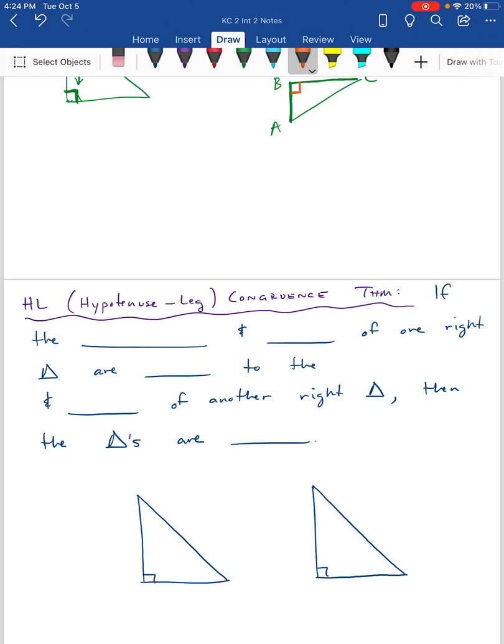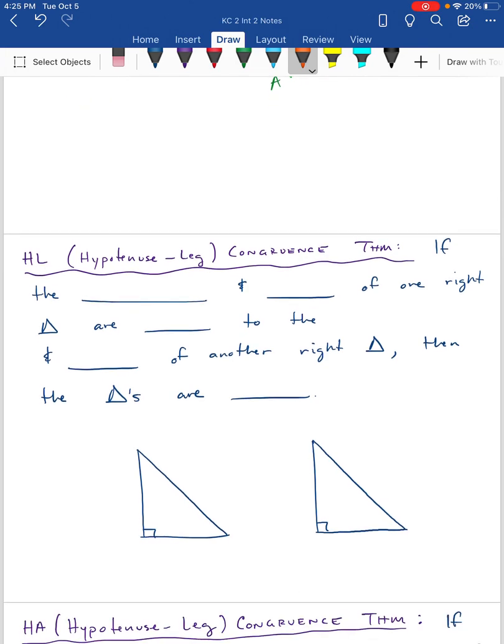Okay, and this theorem says that if the hypotenuse and leg of one right triangle are congruent to the hypotenuse and leg of another right triangle, then both of those triangles have to be congruent to each other.